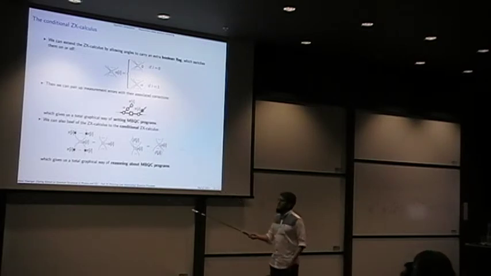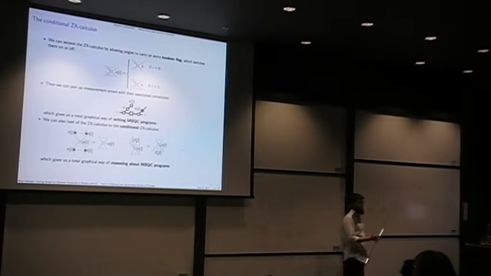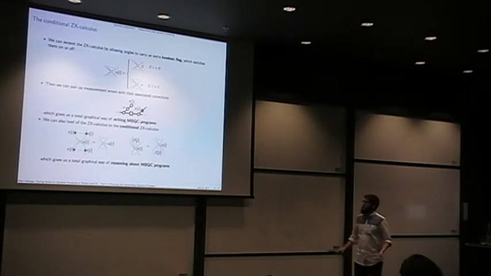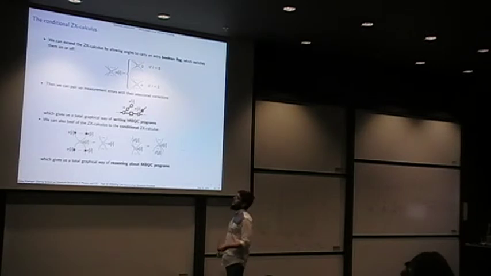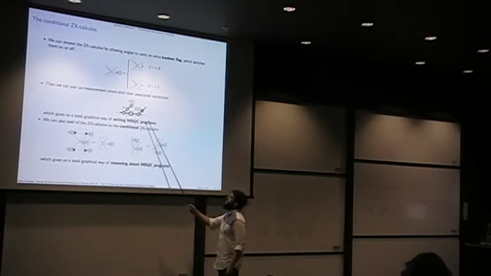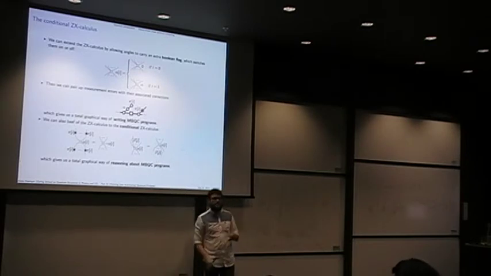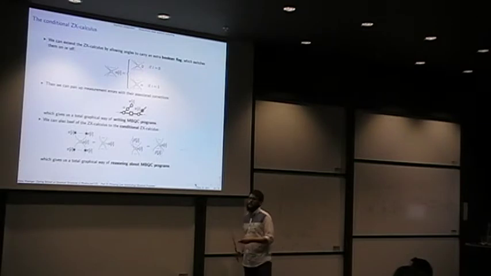And this gives us a totally graphical way of reasoning about what an MBQC program is going to do. So, in particular, you can very quickly prove that MBQC is universal just by writing a few simple patterns like this and proving that they're equivalent to various circuits, to a generating set of gates. So that's like a one-page proof.